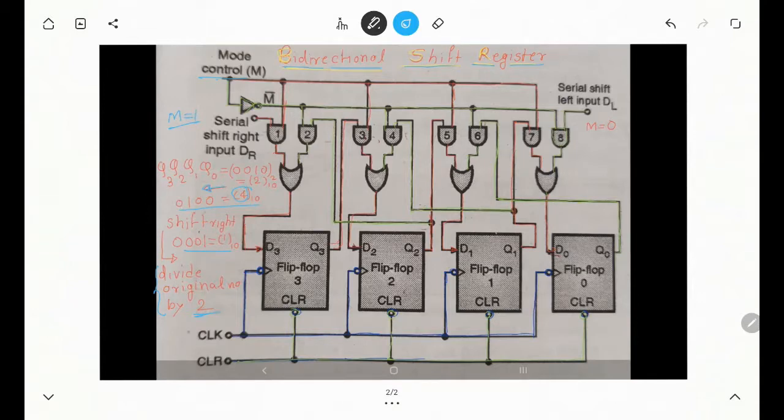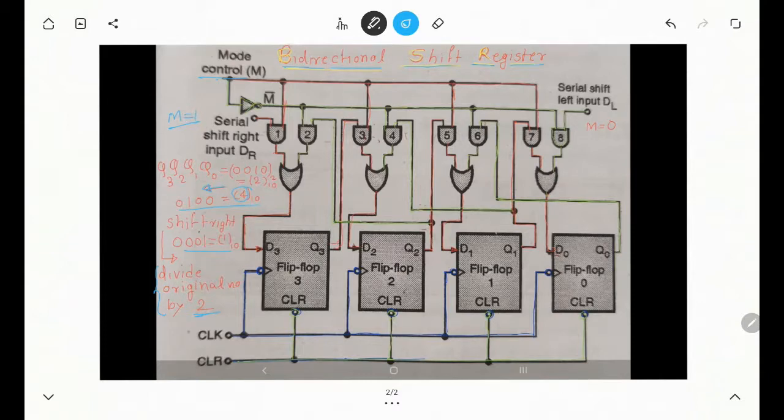In that case AND gates 1, 3, 5, 7 are enabled, whereas the second terminal, that is M bar, is applied to this 2, 4, 6 and 8 gate.